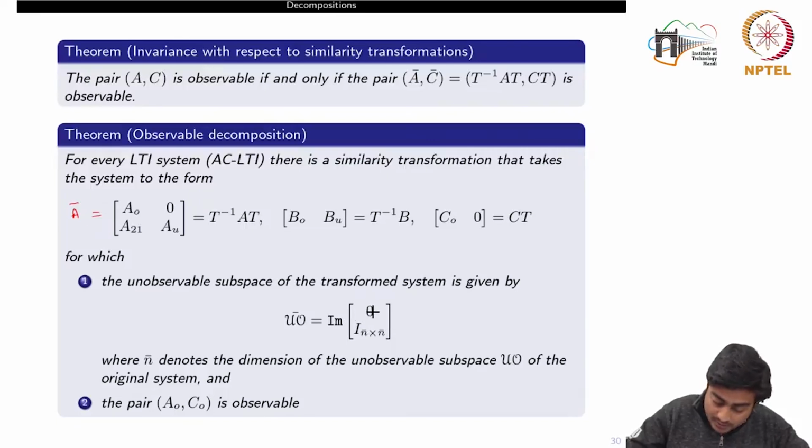The total dimension is n, it cannot be more than n, and in that n there is a number n bar which belongs to the unobservable subspace, where n bar denotes the dimension of the unobservable subspace of the original system. Meaning, among those n states I cannot observe n bar, but still I can observe n minus n bar, because the remaining pair A_O and C_O, which is of dimension n minus n bar, is observable.